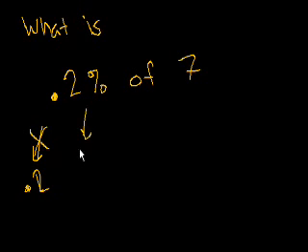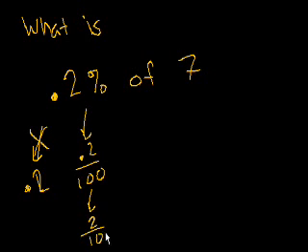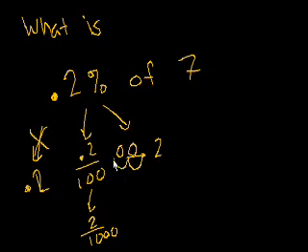You could say that this is 0.2 over 100, which is, if you multiply the numerator and the denominator by 10, the same thing as 2 over 1,000. Or you could just do the technique where you move the decimal space over 2 to the left, in which case, if you're starting with 0.2 and you need to move the decimal space 2 to the left, you go bam, whoops, bam, bam.